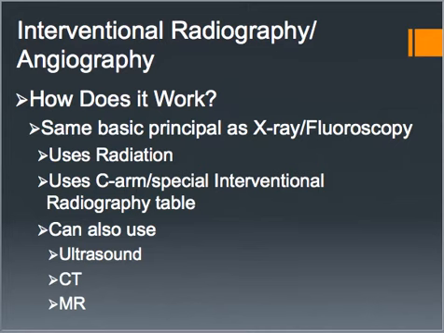So, how does interventional radiology, or angiography, work? Well, it's actually a subspecialty of radiology that uses imaging equipment to guide the doctor in carrying out a diagnostic or a therapeutic procedure on a patient. Angiography uses the same principles as x-ray or fluoroscopy. So, it uses radiation, which is harmful, right? Anytime we use radiation, it can be harmful to the patients.